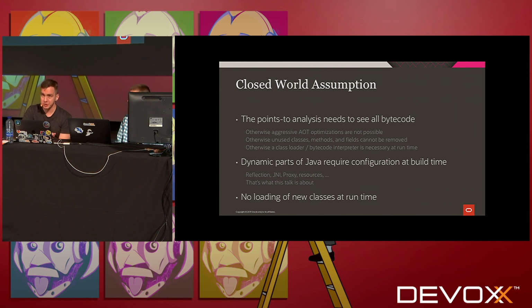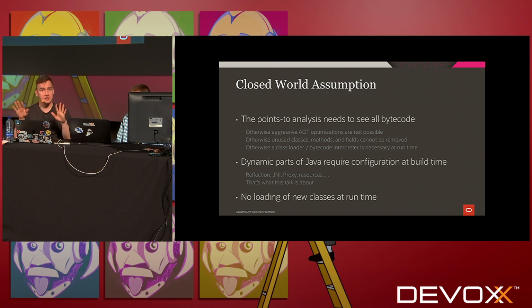This is an essential assumption, and it's also a little bit unusual in the Java world, because we expect that you can load any code from any URL into your running JVM, and that code can wreak havoc as it wants, or be secured by the security managers and whatnot, but it will execute. Under the closed world assumption, that is not the case. You need to specify all the code in advance. It makes possible more aggressive ahead of time optimizations.